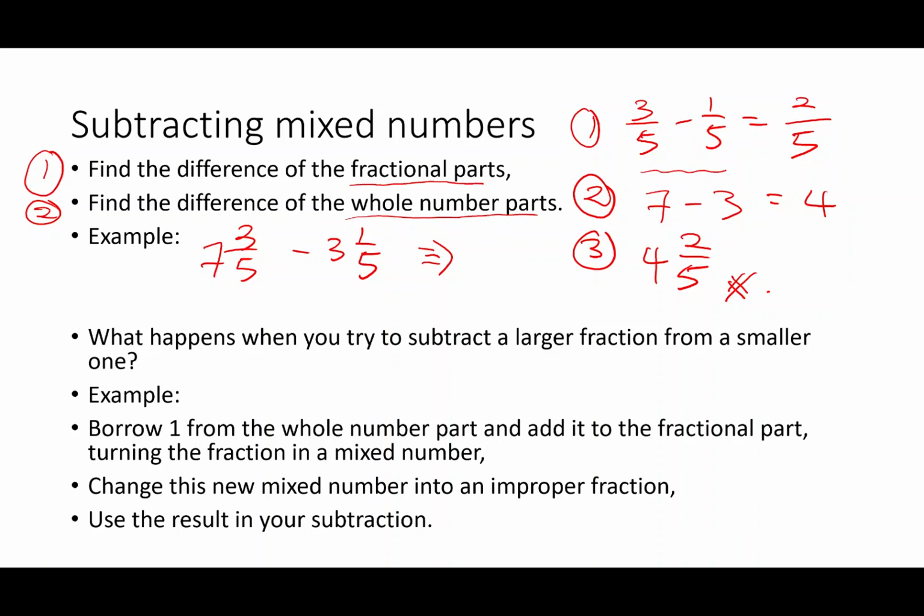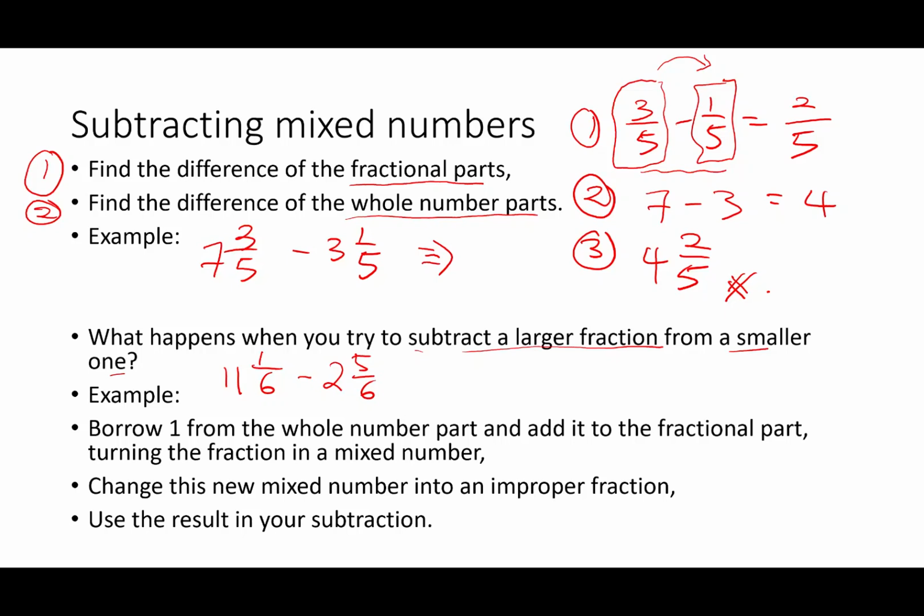Now in this example, you will see that the first fraction is larger than the second fraction. So a large number minus a smaller number, you get a positive number. What happens if you try to subtract a larger fraction from a smaller one? Let's see, if you have 11 1 over 6 minus 2 5 over 6.